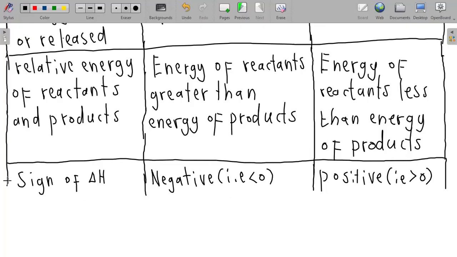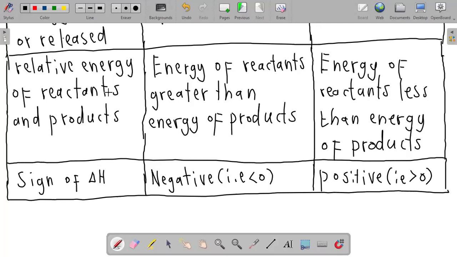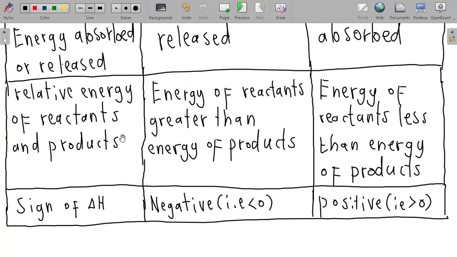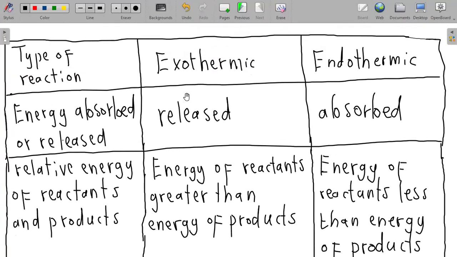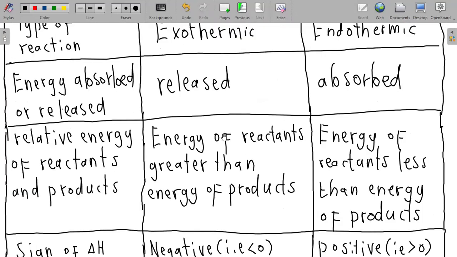Okay, so this is a summary of the two reactions, the exothermic and the endothermic. For the exothermic, the energy is released, and for the endothermic, the energy is absorbed.